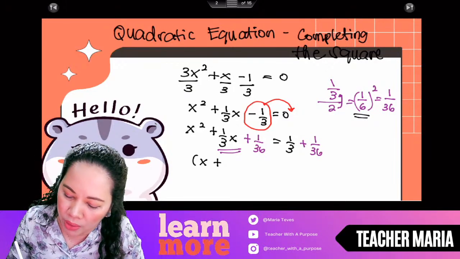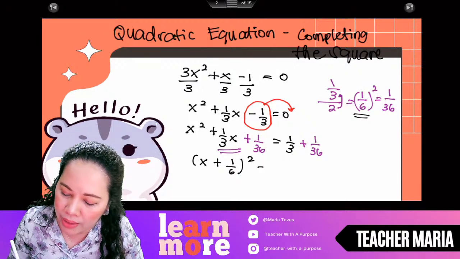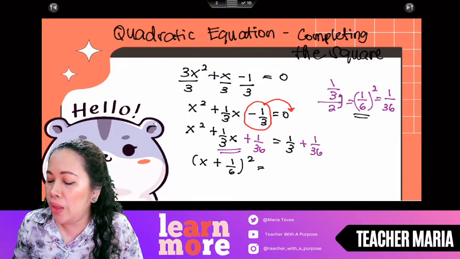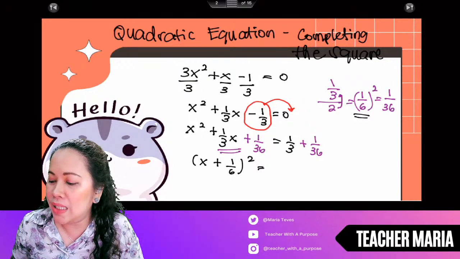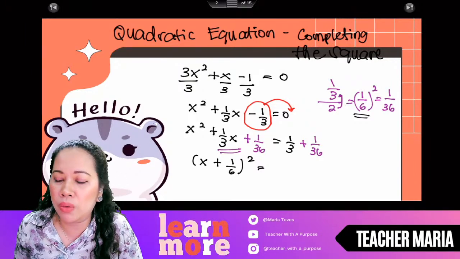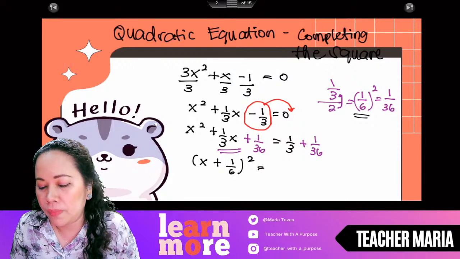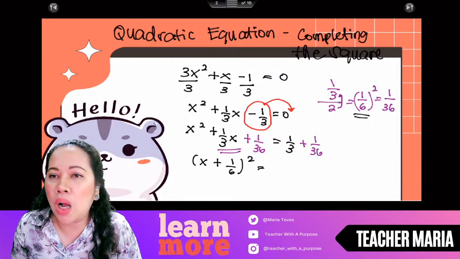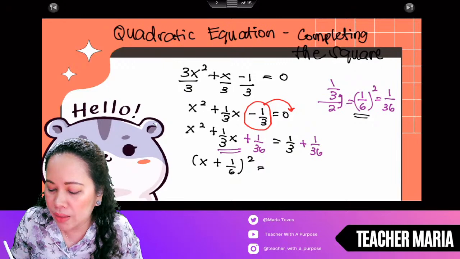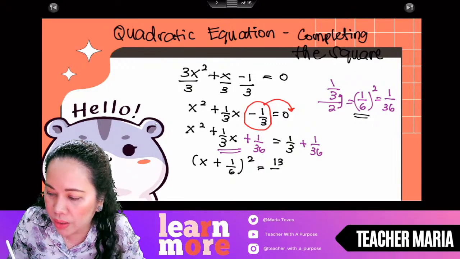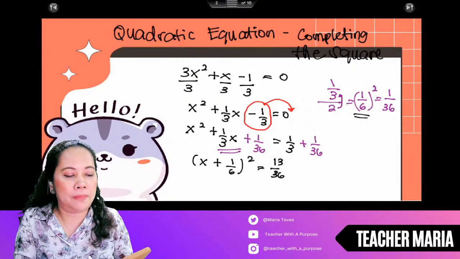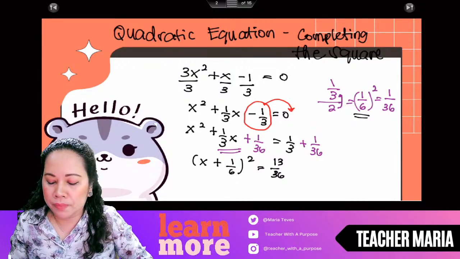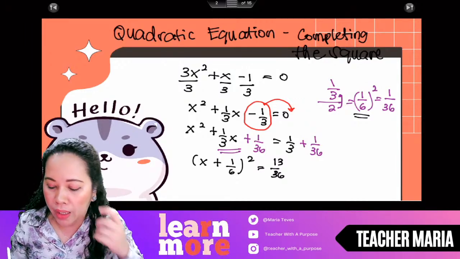So you will have 1/6 here, square that, and then you add 1/3 plus 1/36. What is 1/3 plus 1/36? So how do you do that? You just need to cross multiply. So this will be 13/36. Okay?